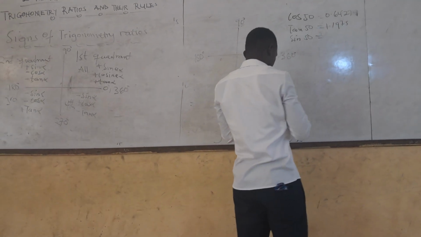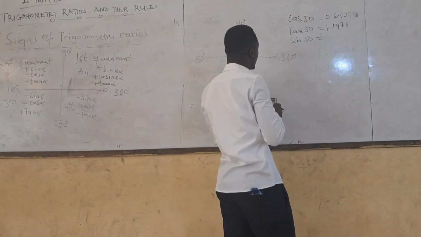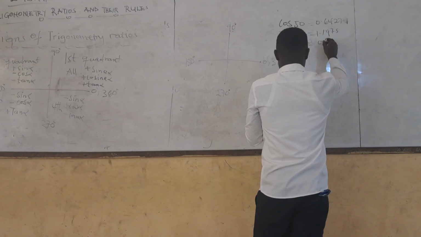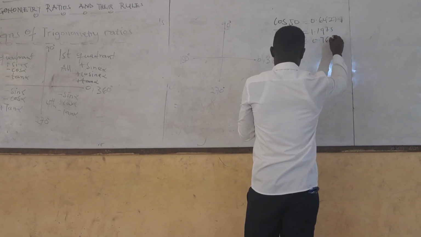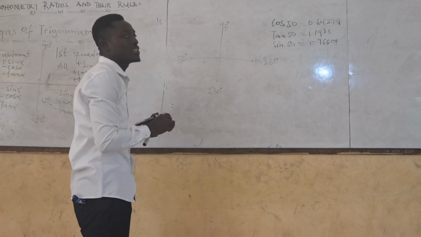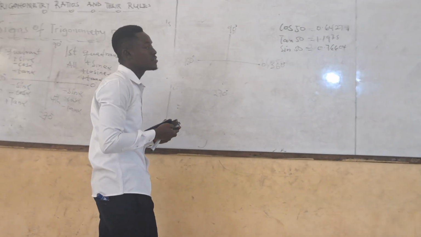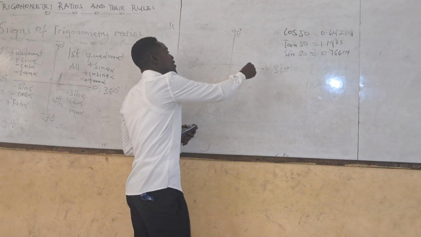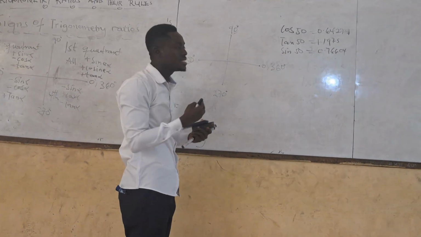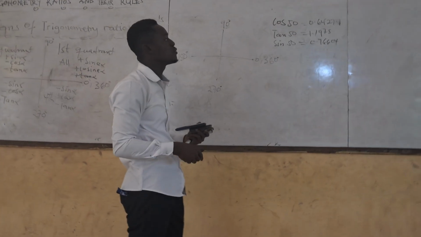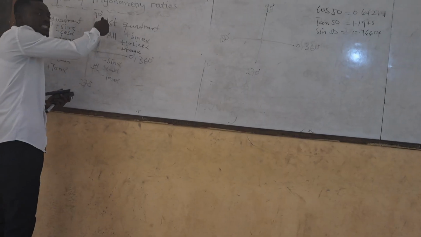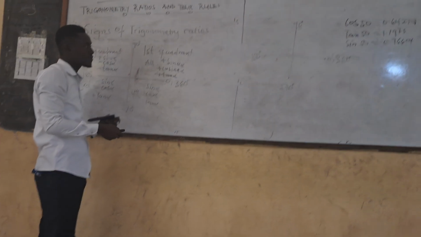Then sine 50 is 0.76604. And as you can see, because that value was taken between 0 and 90, every basic ratio, whether the reciprocal or the main ratio, gives a positive answer, because in the first quadrant all 3 basic ratios are positive.